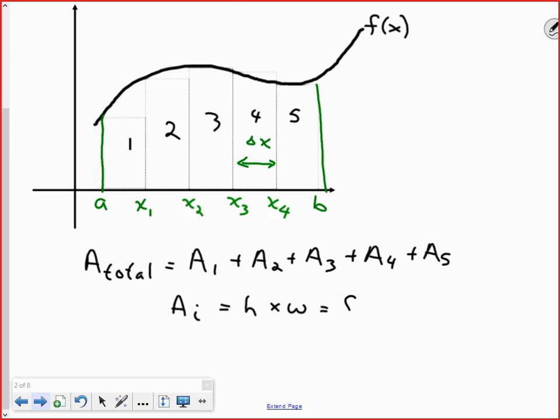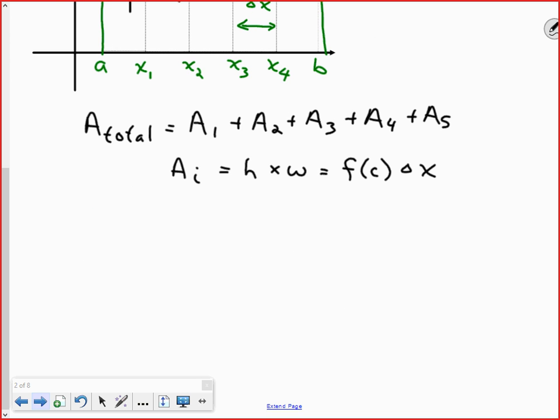The height was given by the value of that function somewhere in that interval. The width was given by delta x. So adding all of this up gives us that our area is equal to the sum, i goes from 1 to n, of f of c_i times delta x. This Riemann sum is really just the way that we were estimating the area under curves in the last lesson.